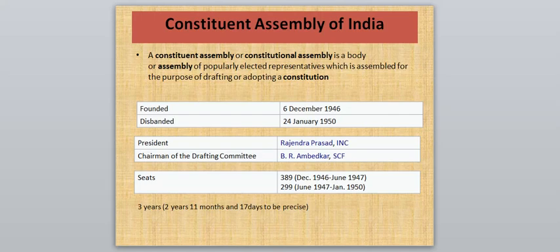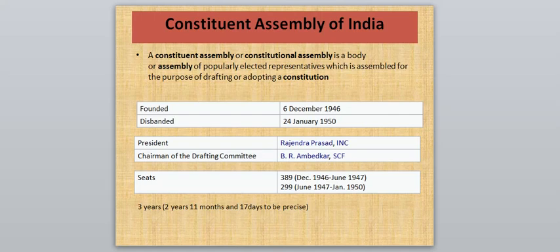Partition was one of the problems there, and we were shifting from subject to citizen status. So all these are some of the points which make the Indian constitution-making a hard process, it was not easy to make the Indian constitution during that time.